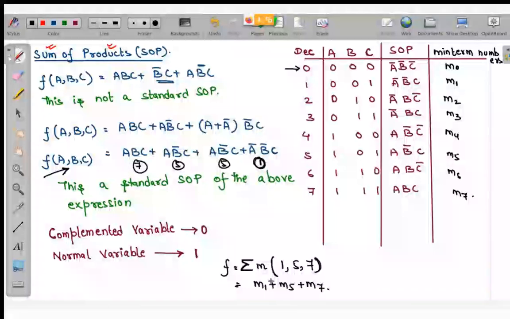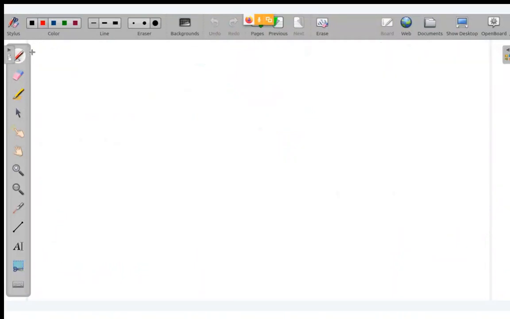Tell me if this is clear or not. Is this clear? So I have a function, and I want to represent it in terms of minterm numbers.